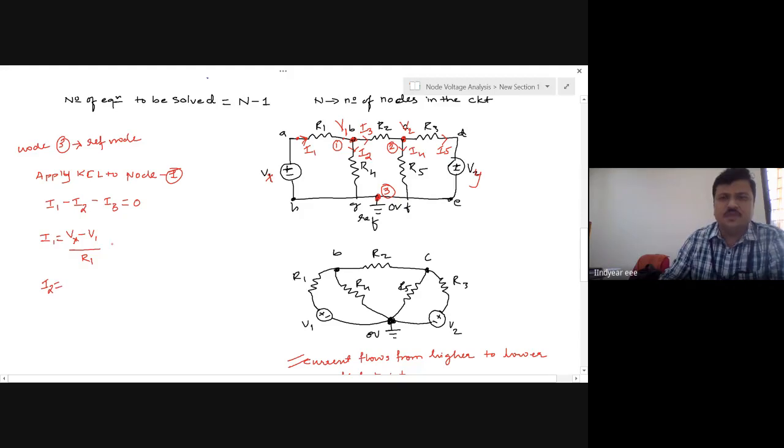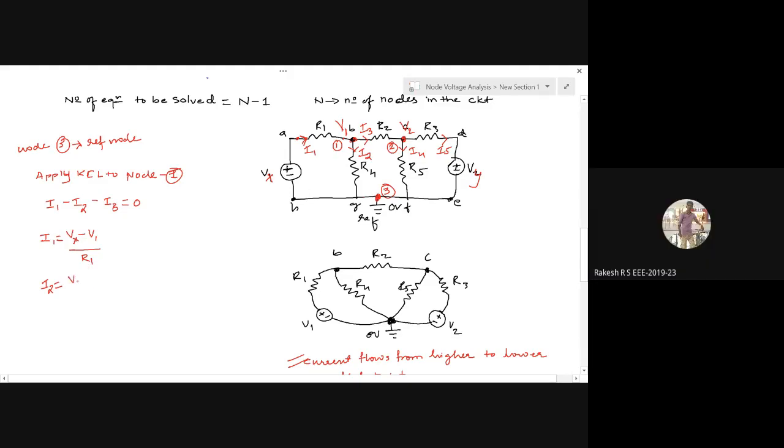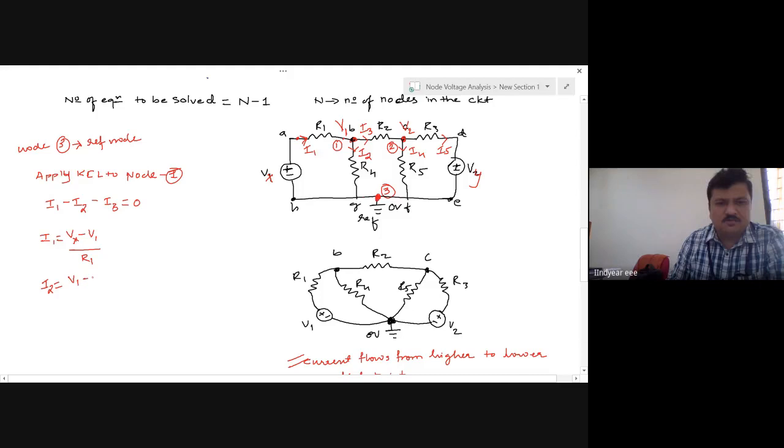Similarly, I2 is equal to. Now, I2 is the current from V1 to ground. Now, tell me the equation. V1 minus 0 by R4. Let us write in detail for the first thing. Then I3 is equal to.